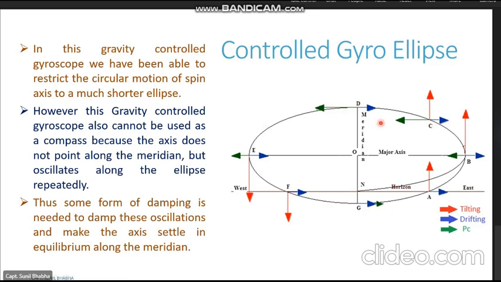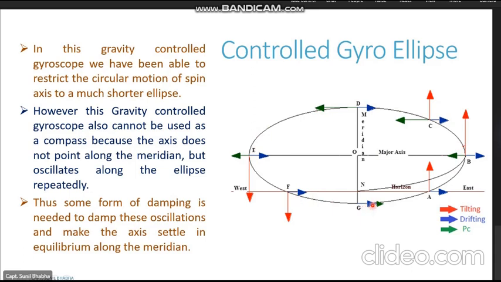The same is true if you try to push it inside of the ellipse. Let us say at point C, you apply a downward force, you put the spin axis here. Again you will observe that it will move under the effect of these three forces, and slowly it will go and match with the ellipse, and then it will keep on oscillating where the elliptical path is. So this is basically a stable equilibrium.